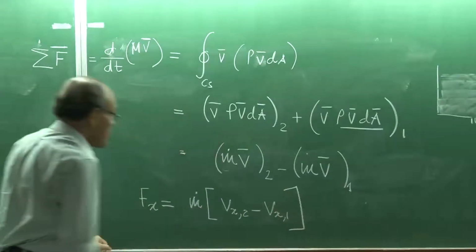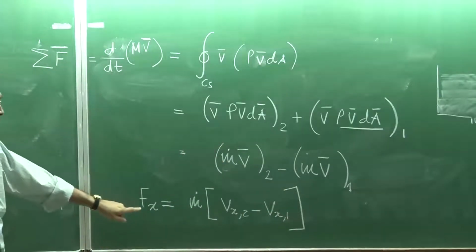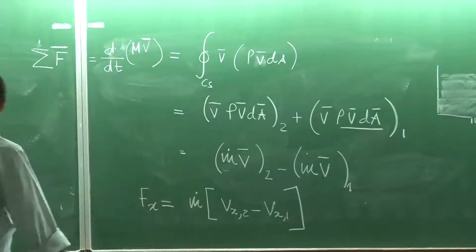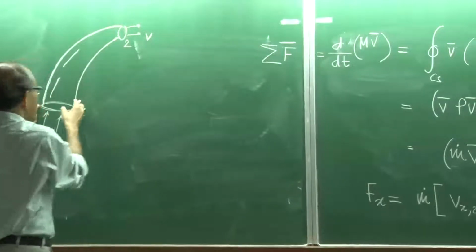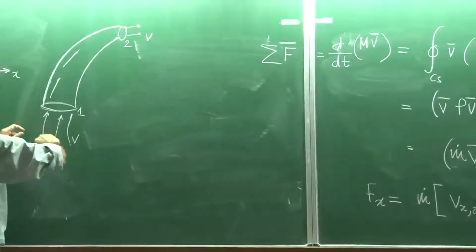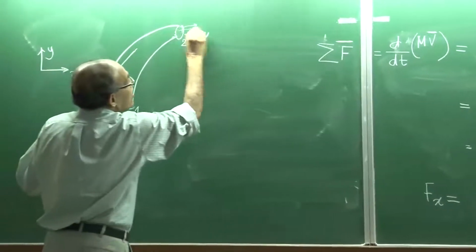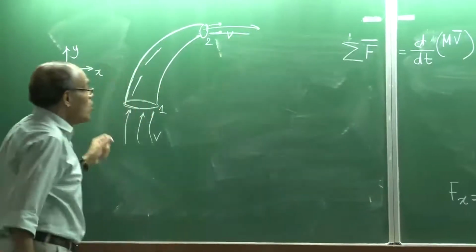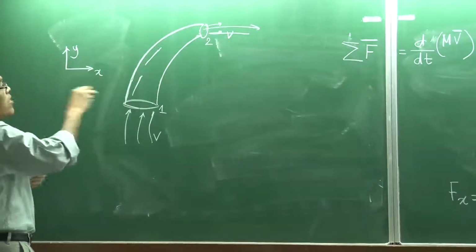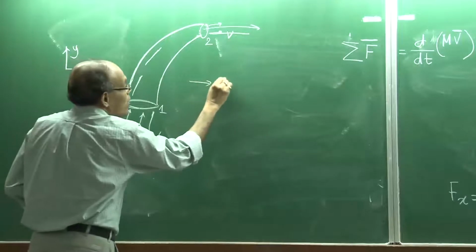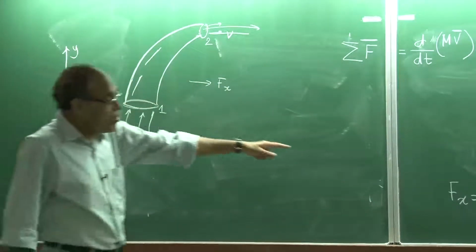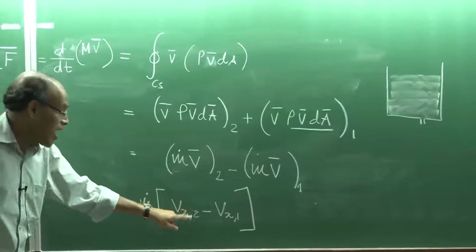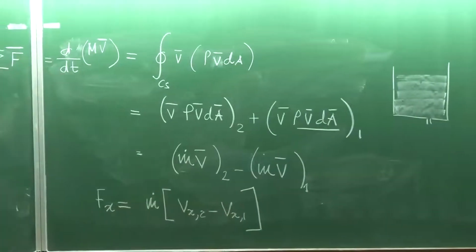So, there is a net force acting on the system. If you imagine that the cross sectional area is smaller here and larger there, you can expect for the same mass flow rate a very large velocity coming out through there. As a result, there is going to be a net force which the system is going to experience along the x direction, because Vx2 is larger than Vx1.